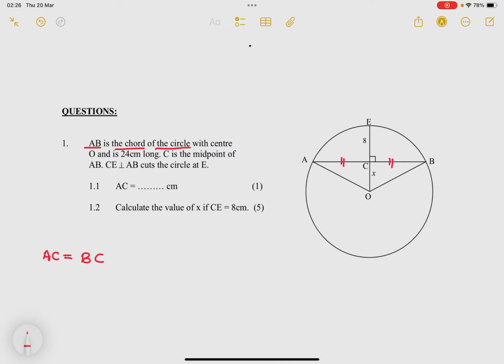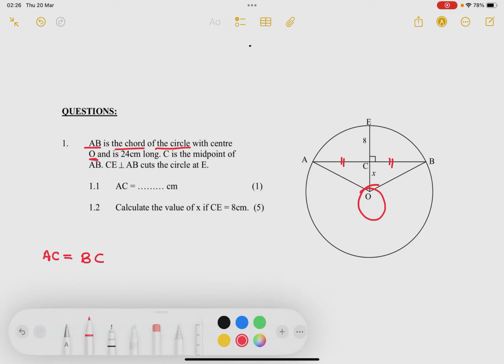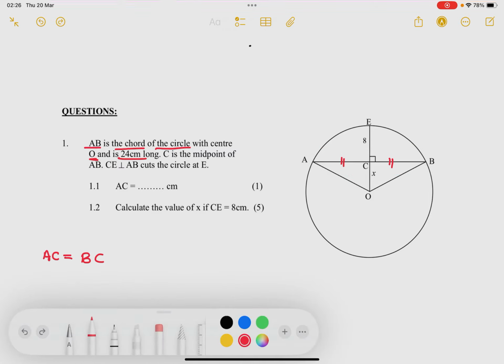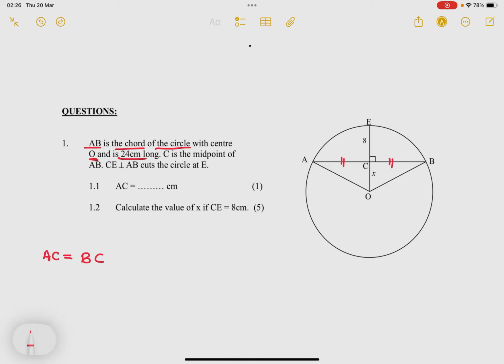We know that AC equals BC. And we are being told that O is the center of the circle. So this is good. And we are being told that AB equals 24 centimeter. So if AB equals 24 centimeter, it means that AC has to be 12 centimeter and CB has to be 12 centimeter as well, so that when we add them, they're going to give us a total of 24 centimeter.